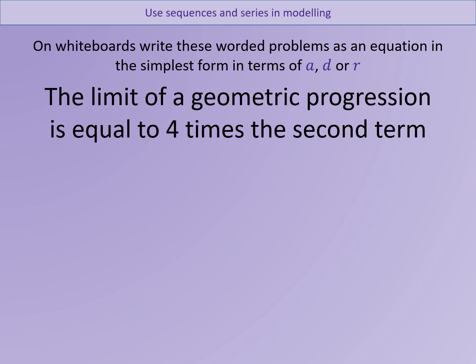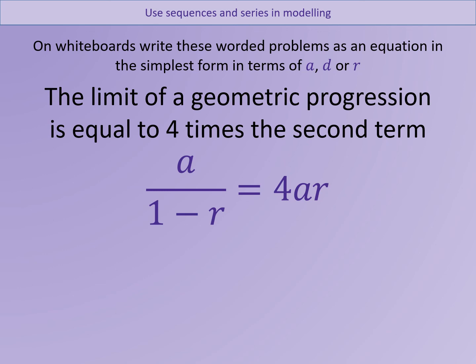Next, the limit of the geometric progression, in other words the sum to infinity, is equal to 4 times the second term. Remember that the sum to infinity is only valid for r values between minus 1 and 1. We know the formula for sum to infinity is a over 1 minus r, and this equals 4 times the second term, which is 4 times ar.